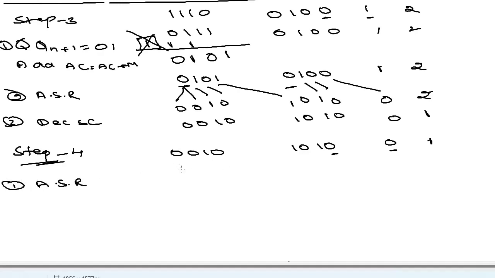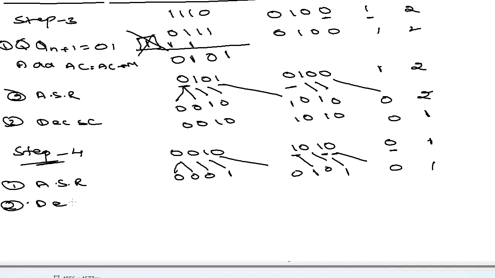So arithmetic shift right we are performing: 0, third value 0 1, this value is moved to here, 0 1 0 1, this value is 0, and sequence counter will be 1. After the arithmetic shift right operation, we have to decrement the sequence counter value. So the sequence counter value is already 1, we decrement it, so we get 0.